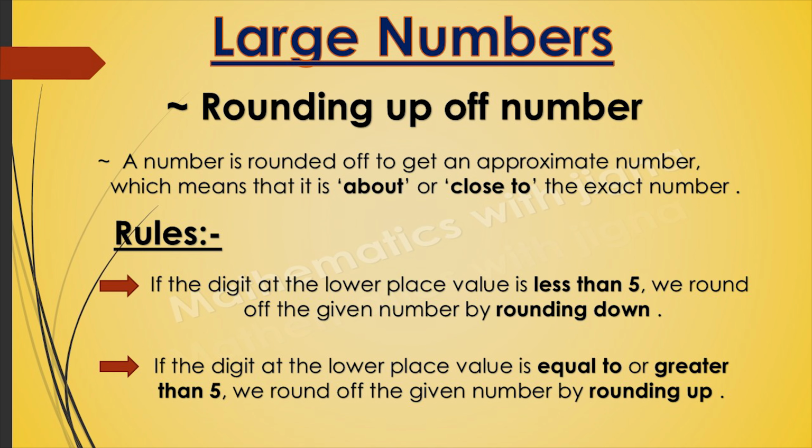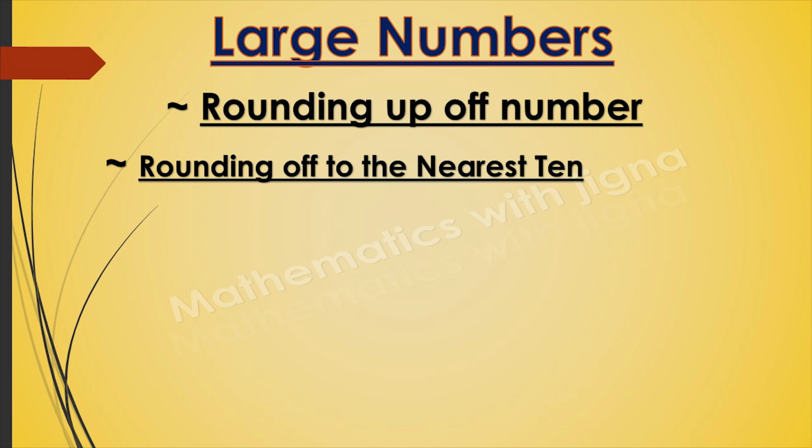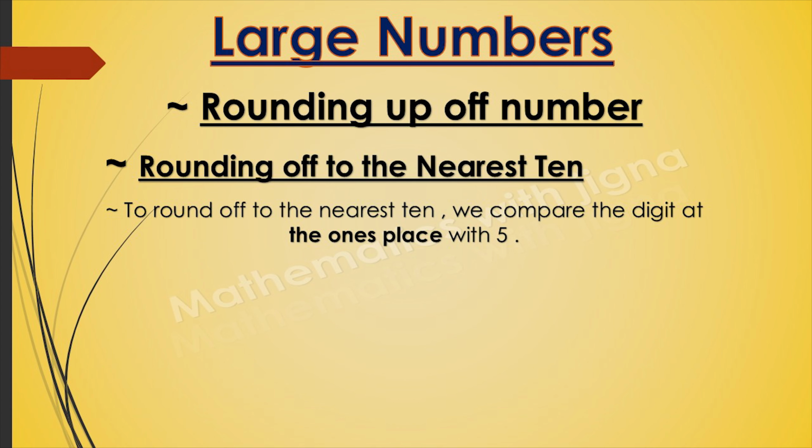Now let's talk about the examples. Let's start with rounding off to the nearest 10. To round off to the nearest 10, we compare the digit at the ones place with 5. If the digit at ones place is less than 5, we round off the number by replacing the digit in the ones place by 0.